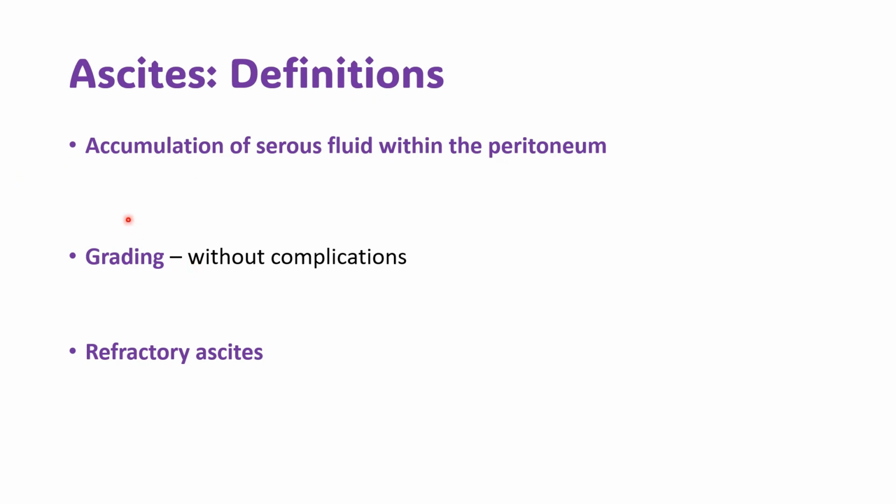So we know that ascites is an accumulation of serous fluid within the peritoneum. And serous fluid is a pale yellow, watery fluid found between two membranes within the body. So within the peritoneal cavity, that would be classed as ascites.